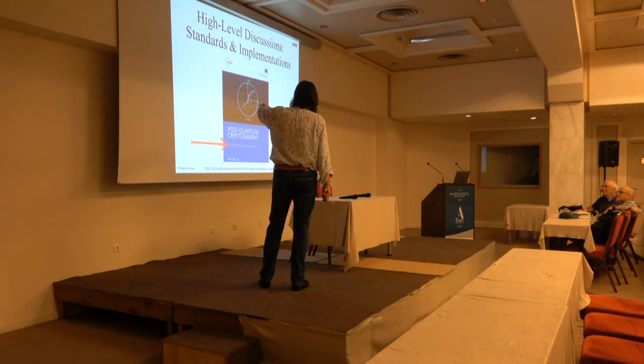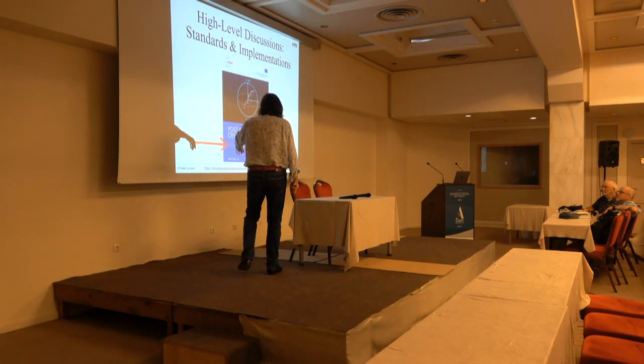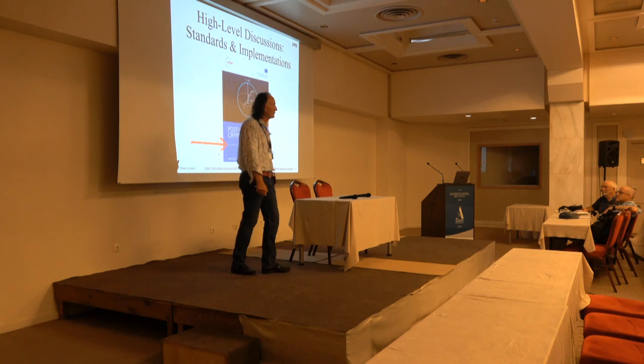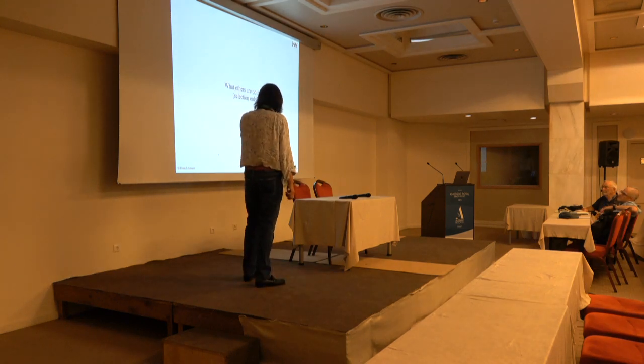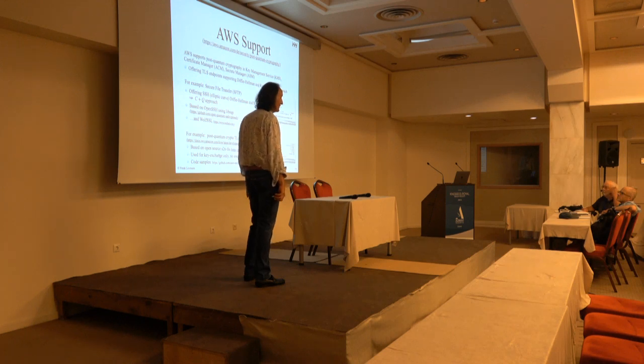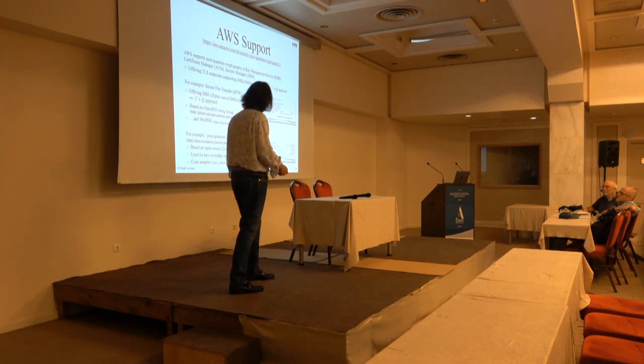ENISA, close by, they have a nice document where they summarize the current state of the world to move towards quantum safe. What others are doing, only a selection. AWS, Amazon. Amazon is working on making their products quantum secure, quantum safe.